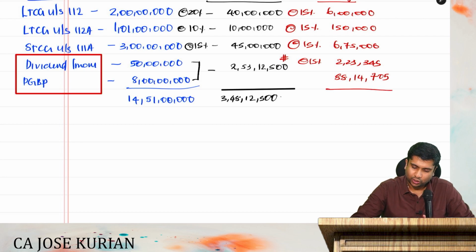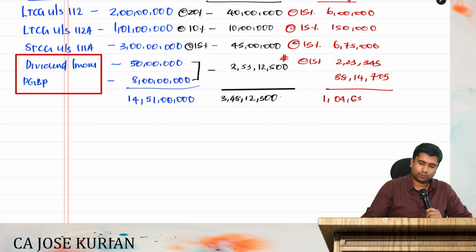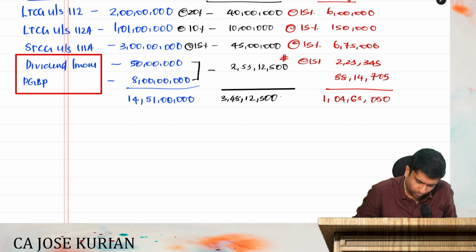Now, how much is the total surcharge liability? Adding everything together, 1 crore 4 lakhs 63,050. This is the total surcharge liability coming.